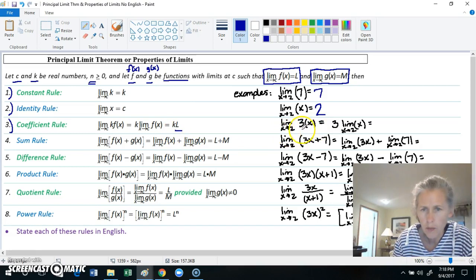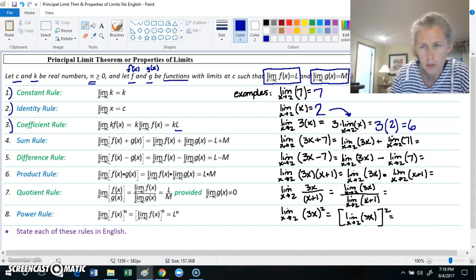The limit of the coefficient 3 times the function x as x approaches 2 is the same as 3 times the limit of x as x approaches 2. Well, we know from the previous example, the limit as x approaches 2 on the function x is 2, so this turns out to be 3 times 2, or 6.